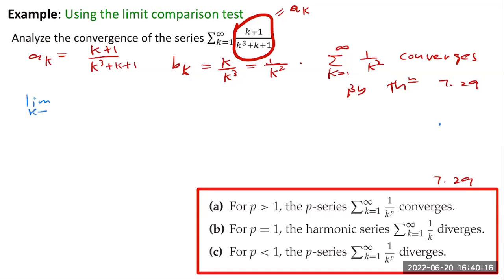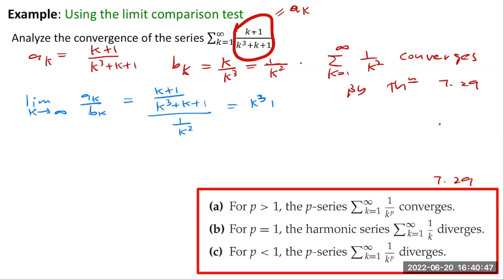The limit as k goes to infinity of AK divided by BK is (K plus 1) over (K cubed plus K plus 1) divided by 1 over K squared. Notice that your BK is 1 over K squared, so I put BK here. Now if you simplify this by multiplying by the reciprocal, you will get K cubed plus K squared.